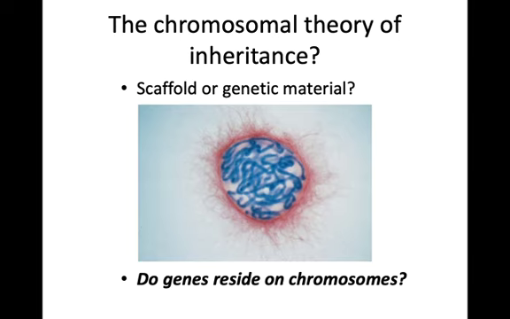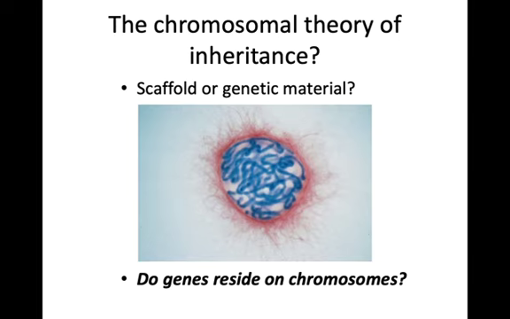So chromo meaning colored, and soma meaning body. So colored bodies could be seen inside the nucleus, and one could also see that these squiggly colored bodies inside nuclei seem to move into both daughter cells during cell division. So one could see that a nucleus would divide, and the two daughter nuclei would contain these types of condensed bodies.